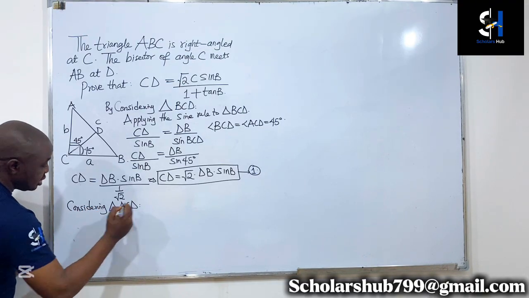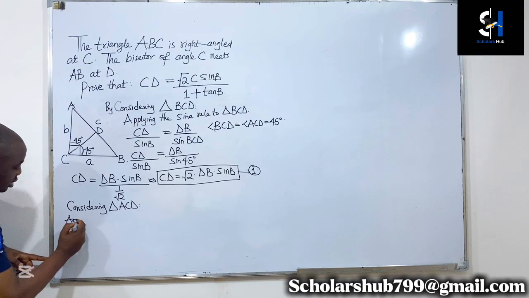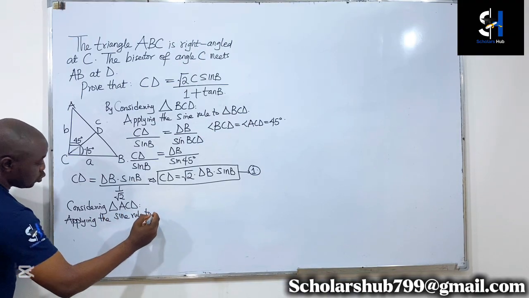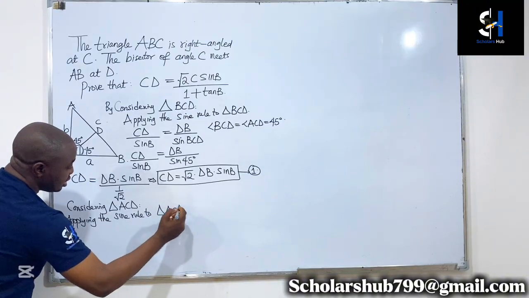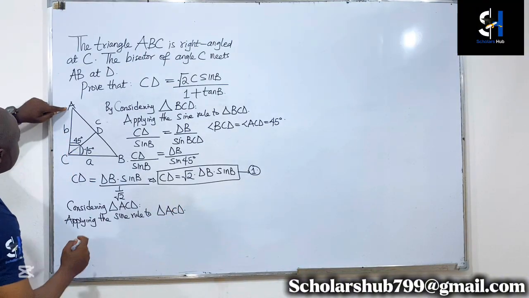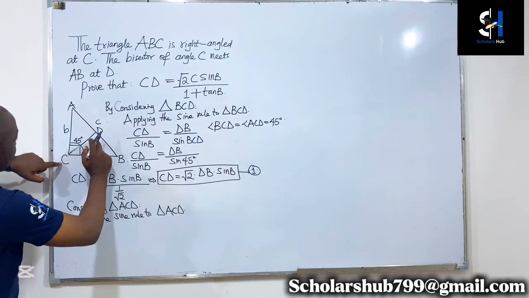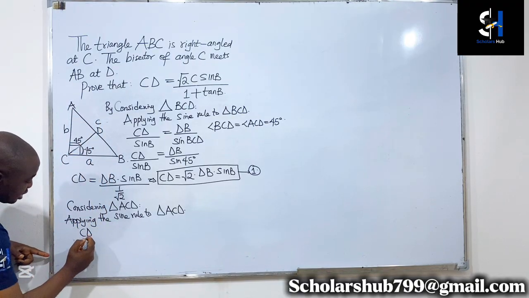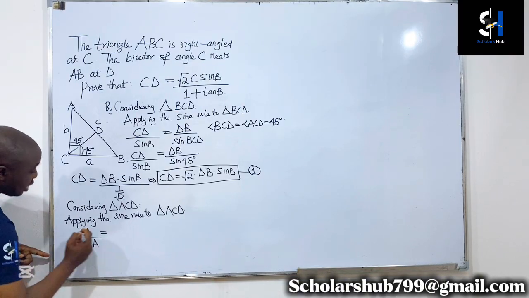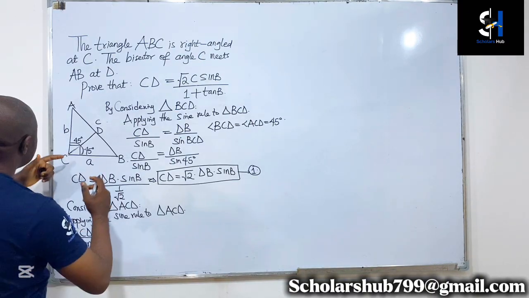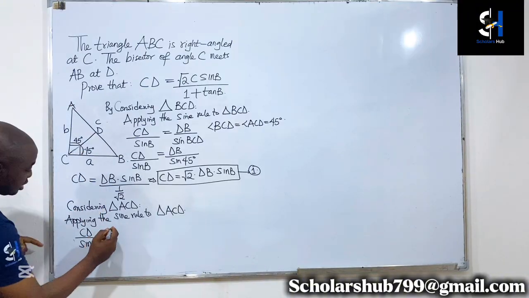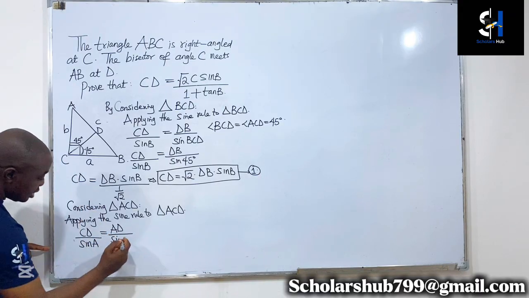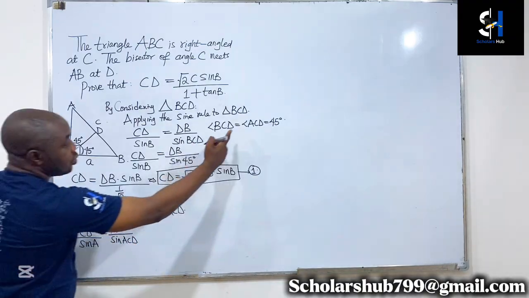By applying the sine rule to triangle ACD, we have CD, which is obviously the side opposite angle A. So we have CD divided by sine A equals this side AD divided by sine ACD, and we know that ACD is 45 degrees.